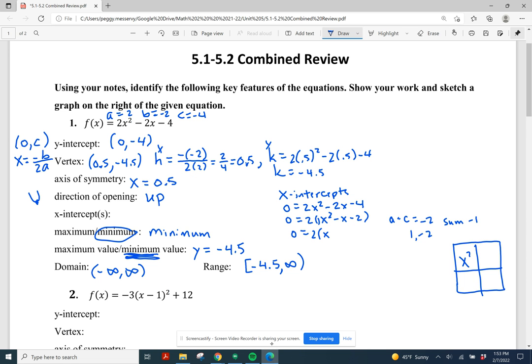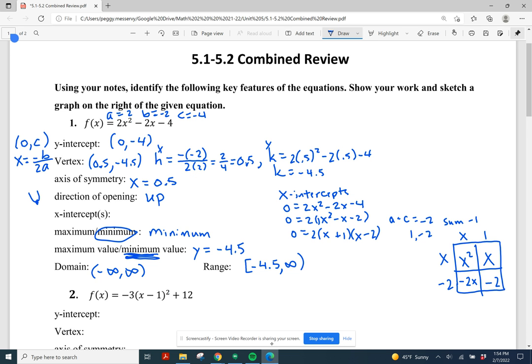So I have x squared and negative 2 in the box. And then that middle term, negative x, splits into an x and a negative 2x. GCF for the top row, GCF for the bottom row, GCF for the first column, GCF for the second column. My factored form is x plus 1 times x minus 2.